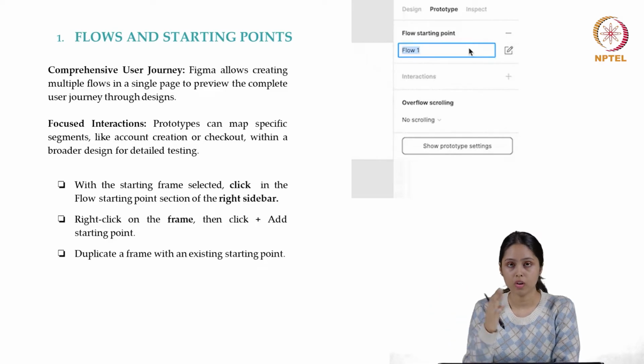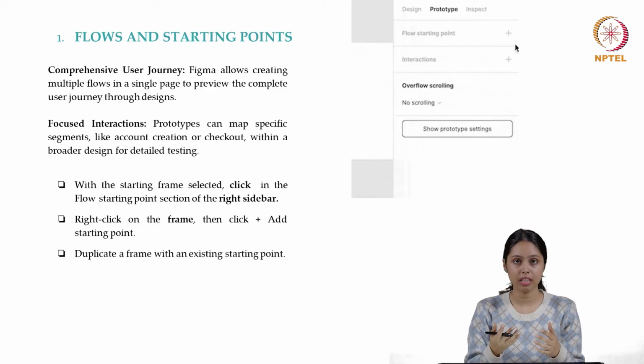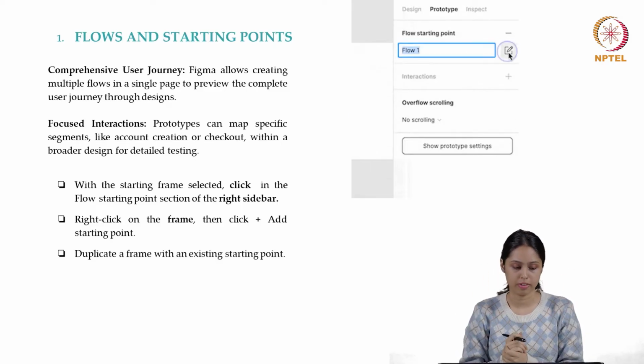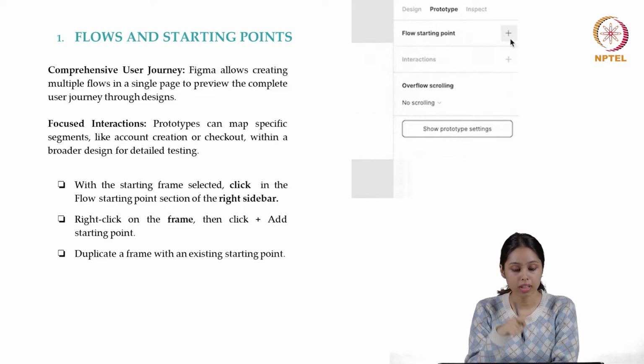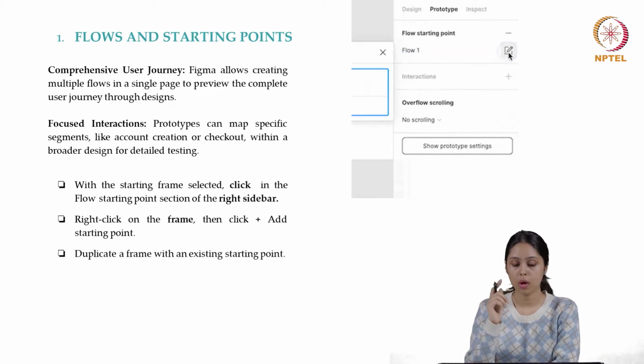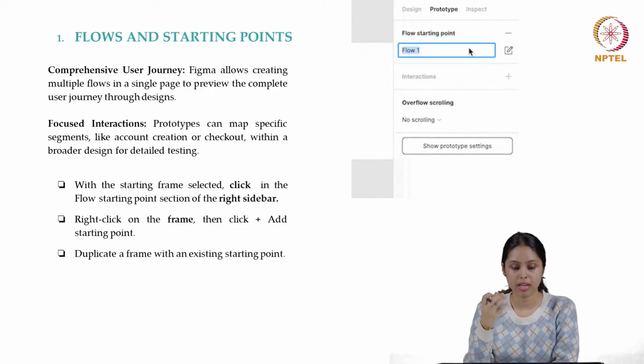That might be your starting point, the first interface that the user will see when they open your app or website or blog, whatever it is. That will be known as your starting point in Figma, and you can take a frame and choose it as your starting point. We'll discuss in the demo later how to practically make a frame your starting point in Figma.